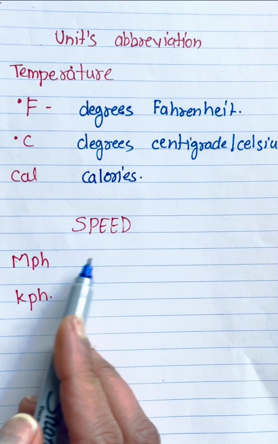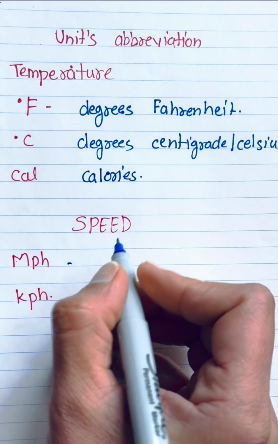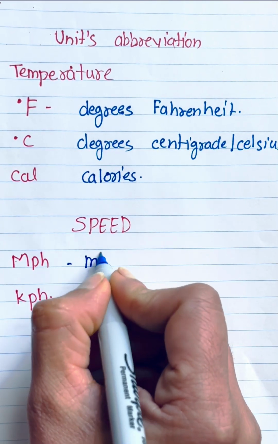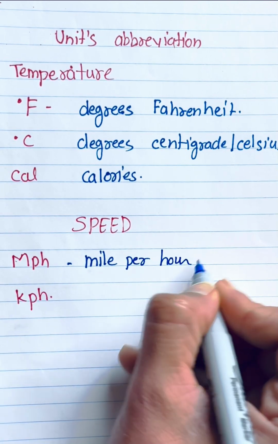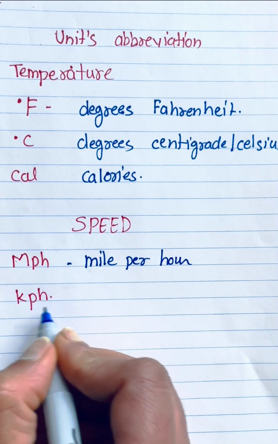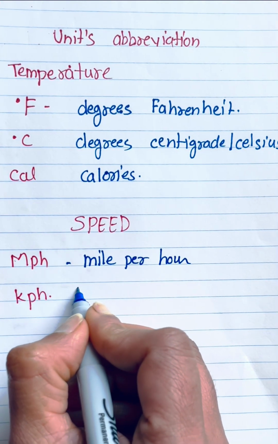And then for speed, mph is miles per hour, and kph is kilometers per hour.